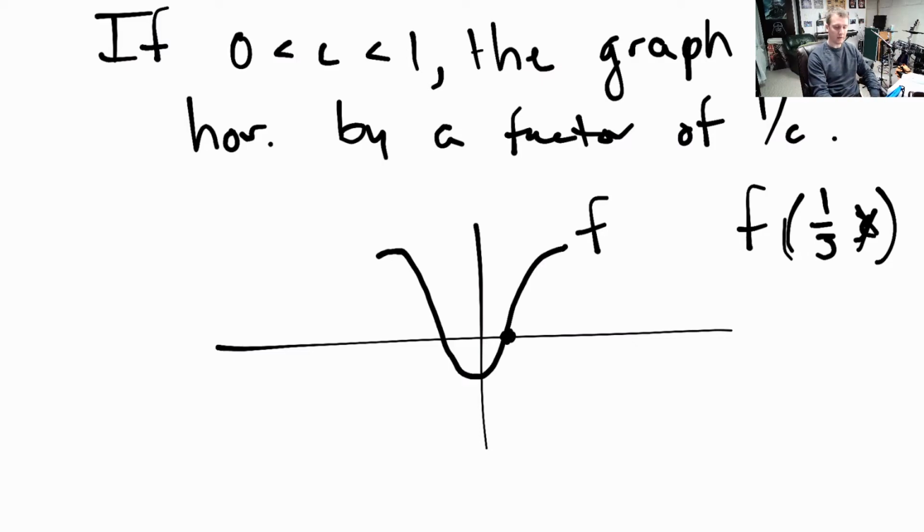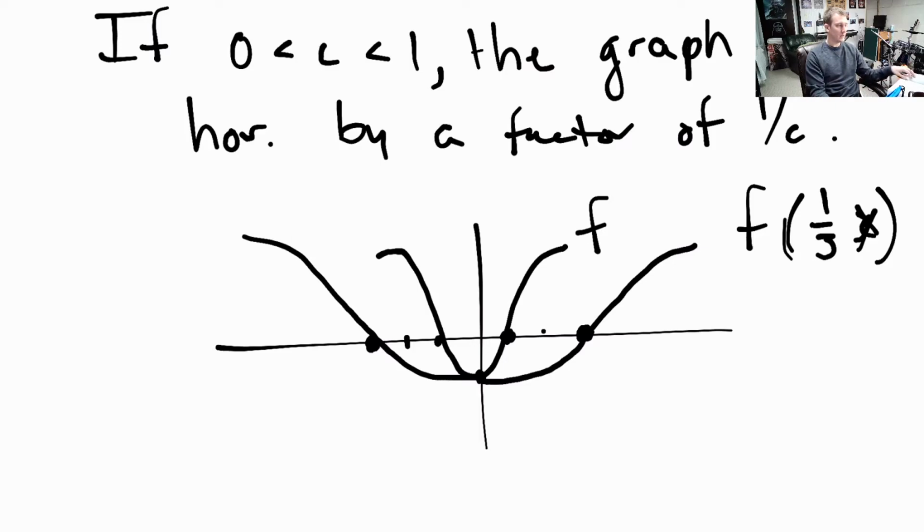So this x value now becomes 1, 2, 3 of those. This x value stays at 0. This x value becomes 1, 2, 3 of those. So the new graph is stretched horizontally 3 times. Okay.